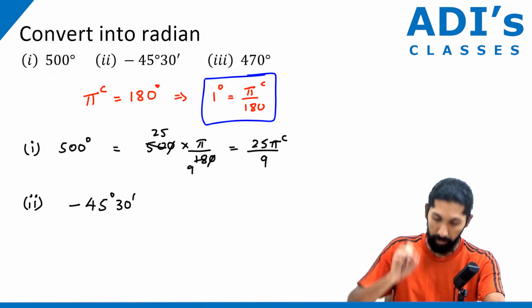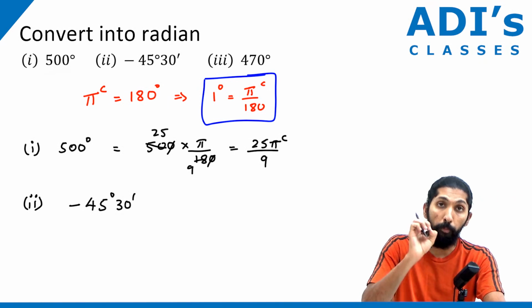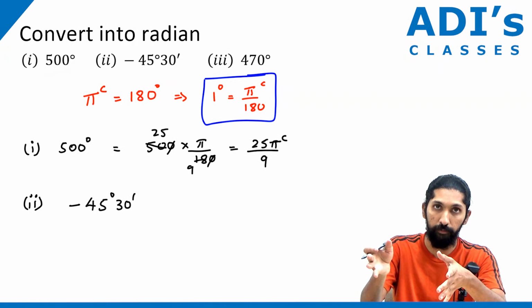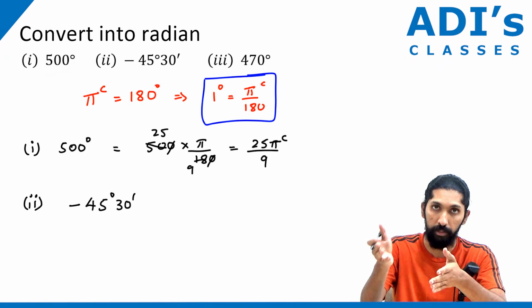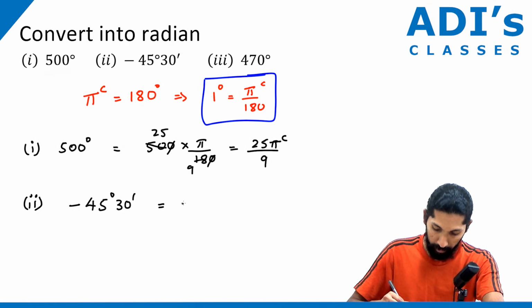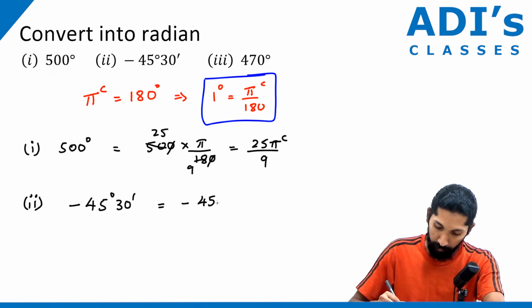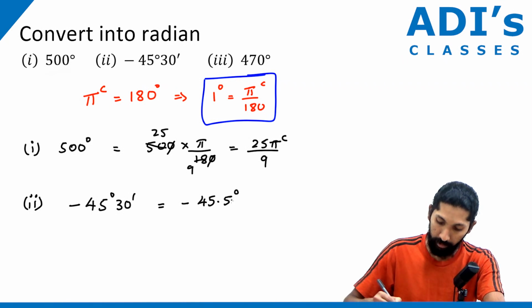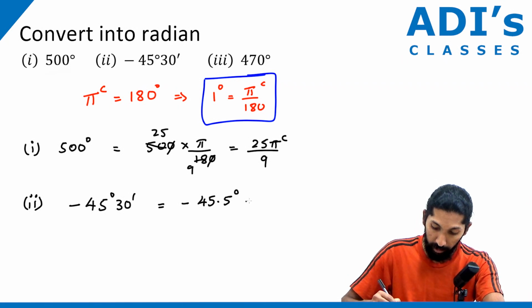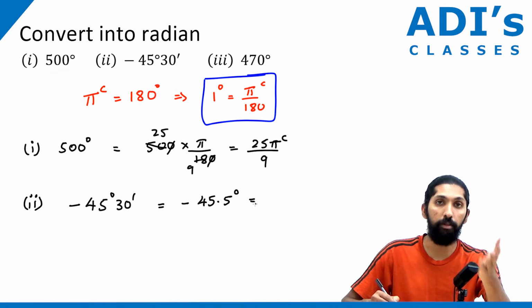This is nothing but 45.5 degree, correct? 45.5 is nothing but 45 degree 30 minutes. So we can write it as minus 45.5 degree. Now you have to convert this into a fraction.